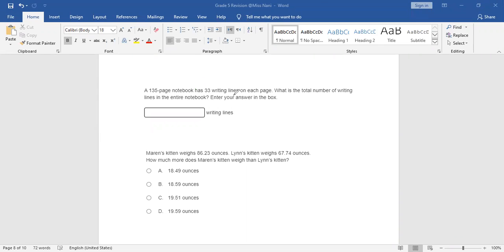A 135-page notebook has 33 writing lines on each page. What is the total number of writing lines in the entire notebook? Of course, I have 135 pages, that's the total pages, and each page has 33 lines. So I will multiply the number of pages, 135, by how many writing lines are on each page, 33.